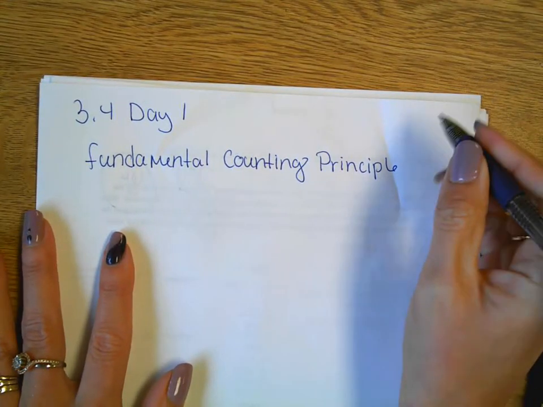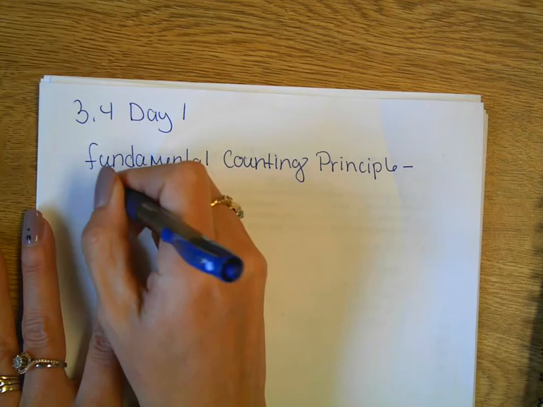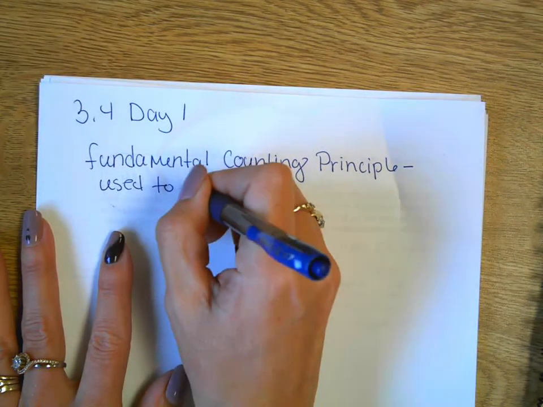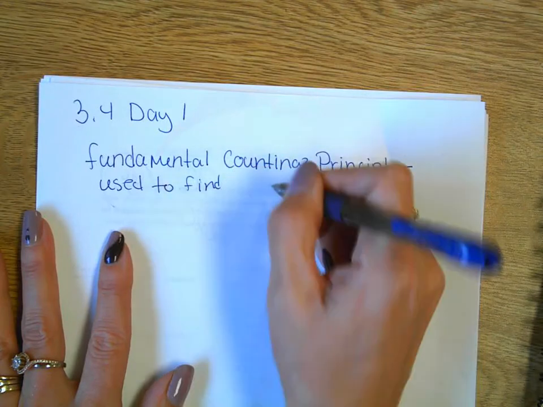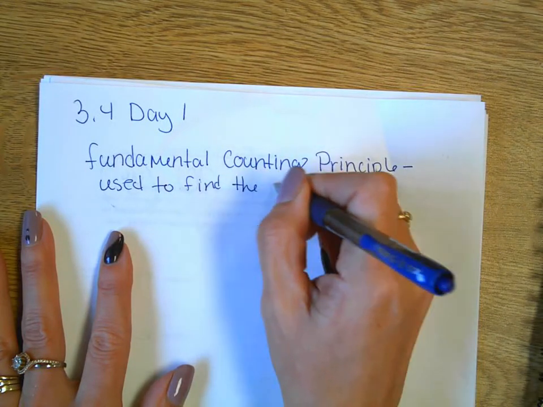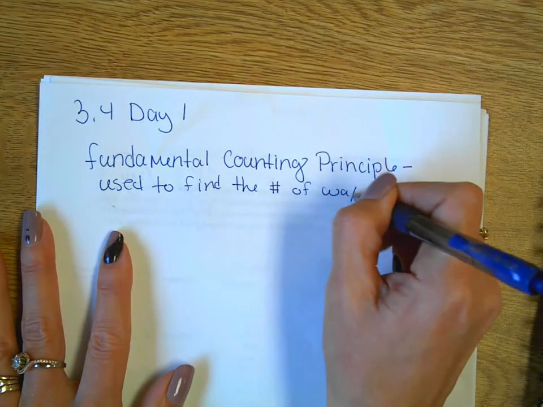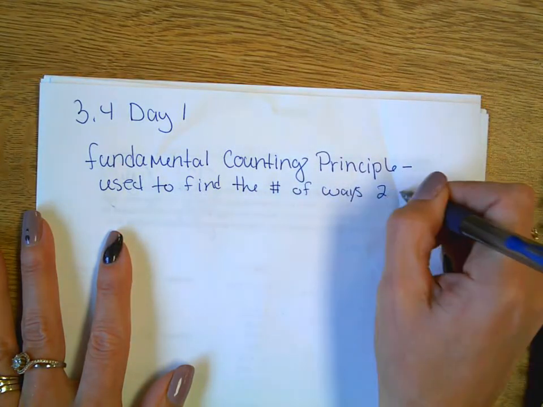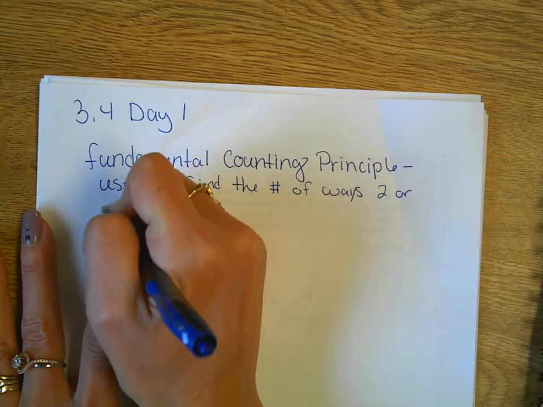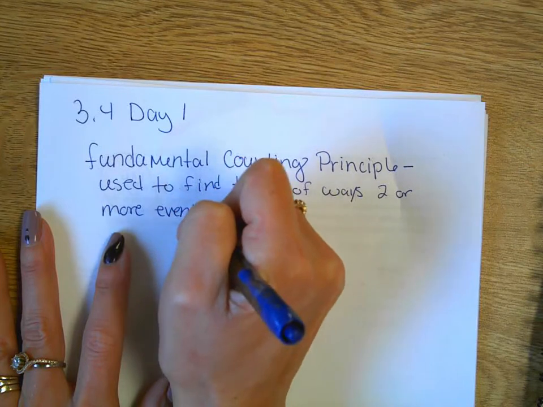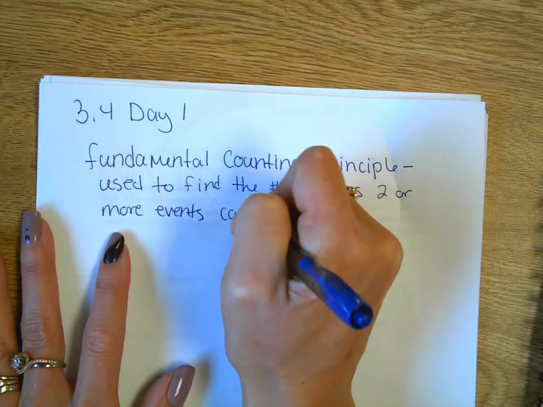Okay, so the fundamental counting principle is used to find the number of ways two or more events can occur.